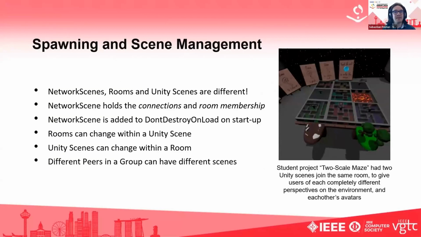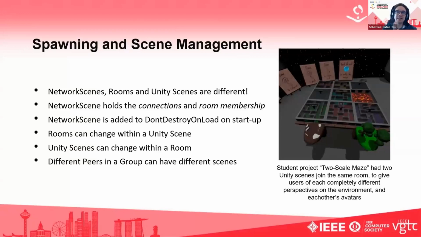So on the subject of scenes, this is an interesting one. In Ubiq, a network scene and a Unity scene are conceptually very different. So the network scene persists between Unity scene loads and maintains its state, maintains anything that's created under it, maintains the network connections, importantly.